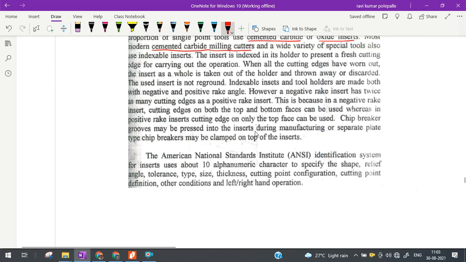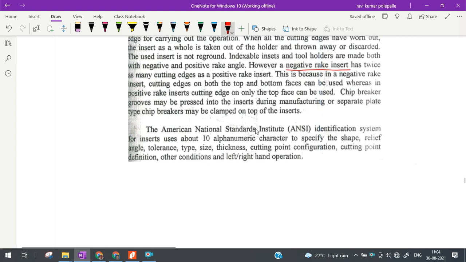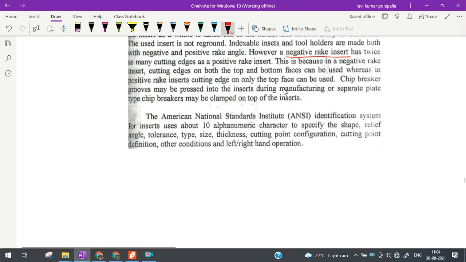When we talk about these inserts and tool holders, we have to understand that many times they are provided with negative rake rather than positive rake angle. This is done so that the strength of the cutting edge is improved. Sometimes chip breaker grooves are provided.